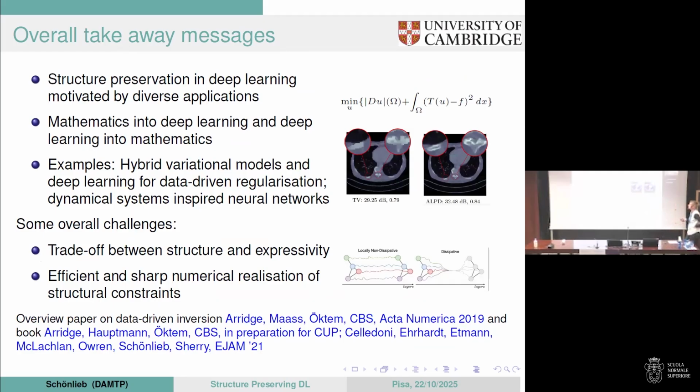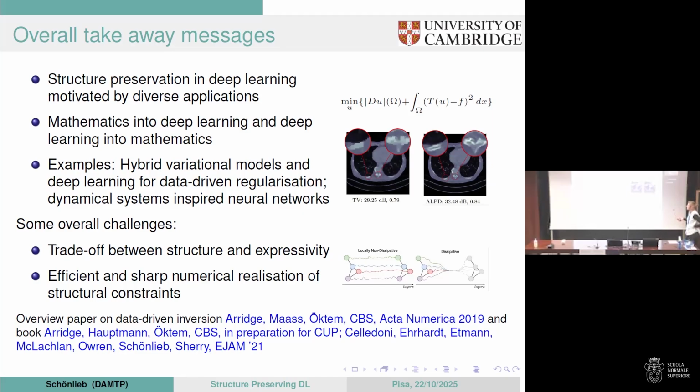Summarizing: structure preservation in deep learning is motivated by a diverse range of applications. I mainly talked about inverse problems in this talk, and maybe some more generic properties you might want in your neural networks, like stability, or in neural network terminology, adversarial robustness.